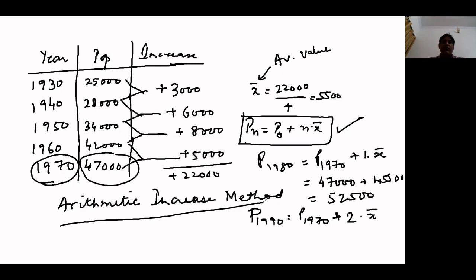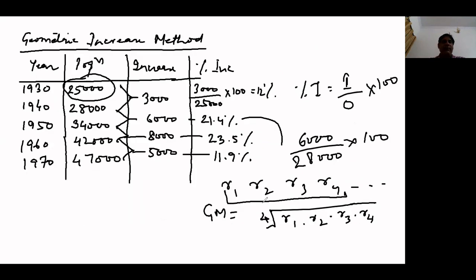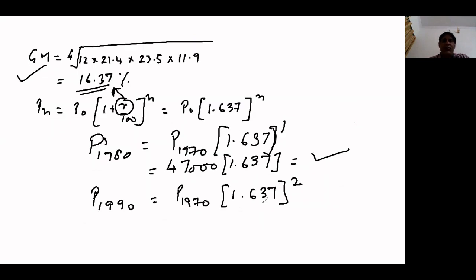I took the same example, same values, same data to find out the population of 1980, and if you solve this for 1980, you will get an answer of say 63,647. This is the value of population by geometric method.